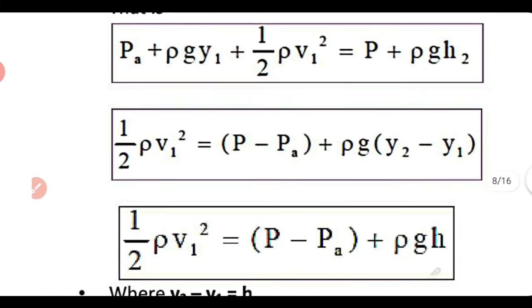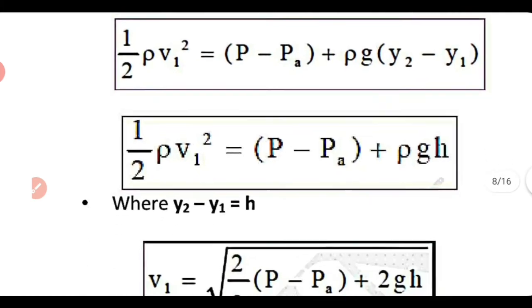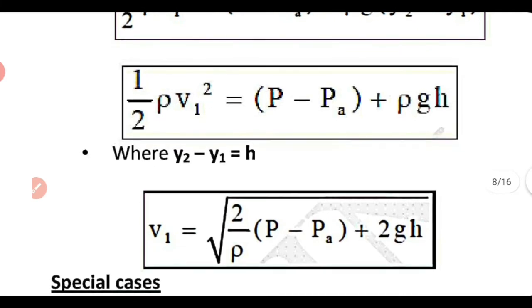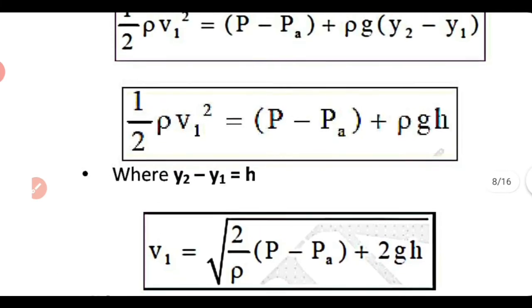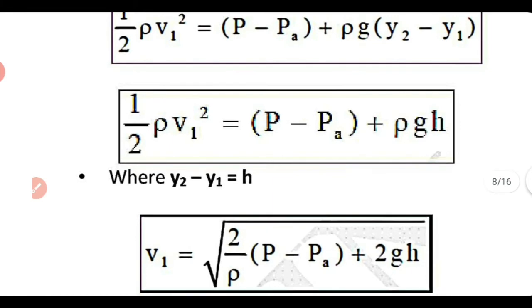Substituting y2 minus y1 as h, we have the equation for v1 as root of 2 by rho into P minus PA, plus 2gh. So this is the expression for speed of efflux in the case of a tank containing liquid.